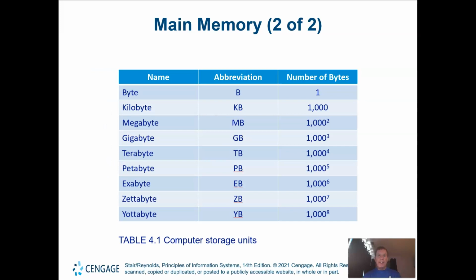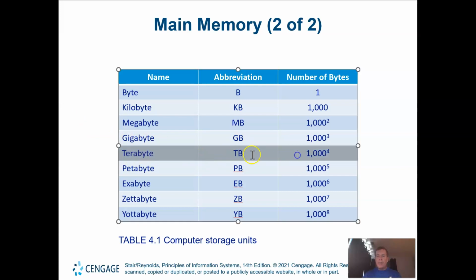So the byte is abbreviated B, and the number of bytes, 1 is a character. Kilobytes, megabytes, right? We talk in terms often of gigabytes nowadays, but terabytes are becoming common in the personal home computer slowly.